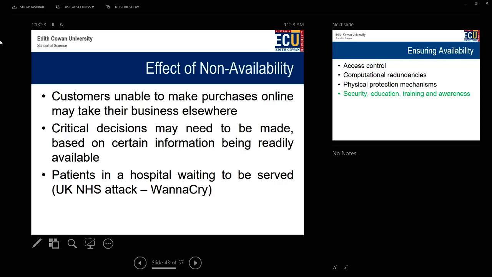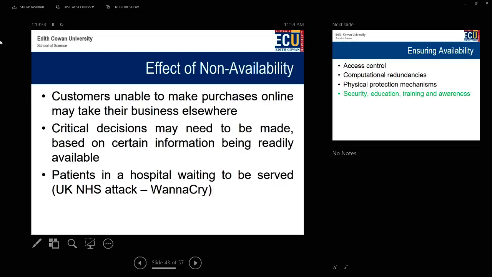When patients came to NHS, the employees were unable to access the system, and the patients had to wait very long because there was no information available about when their appointment was, who their GP or doctor was going to be, and what their medical history was. That was WannaCry's effect, an attack on availability.